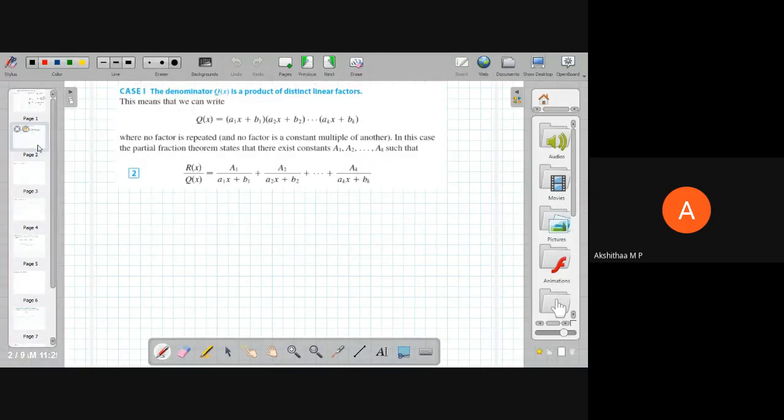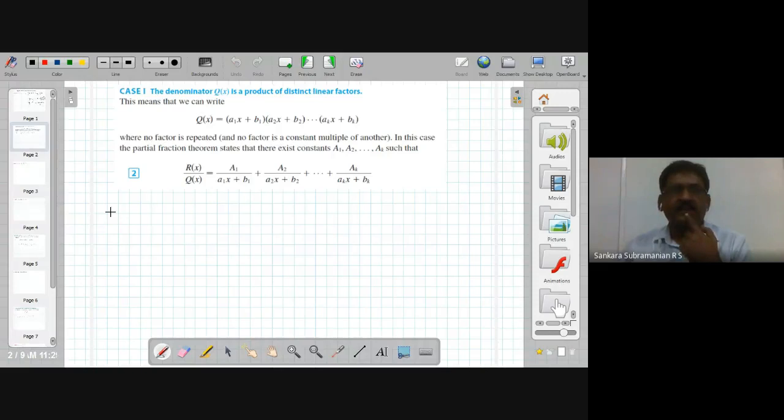The rule states that suppose you have in the denominator p of x by q. Let us have r of x as the numerator and q of x as the denominator.